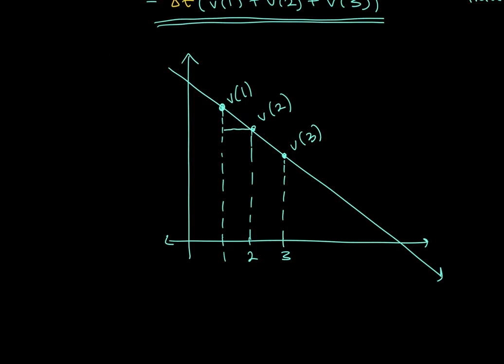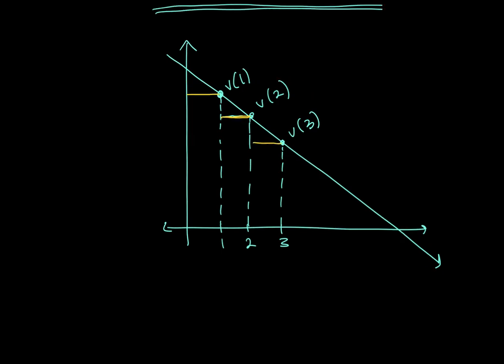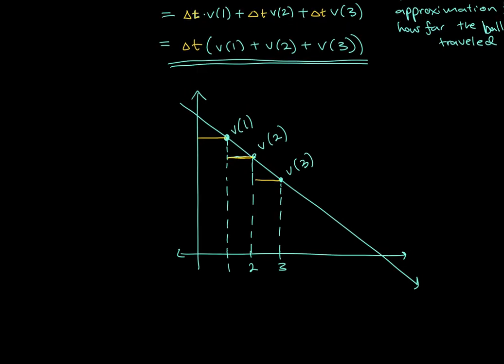So this length right here would be a change in time, and that would be 1 second. And right here we have 1 second and 1 second. And like I said, what we did is we had delta t times v sub 1. But wait a second. That is the area of this first rectangle.